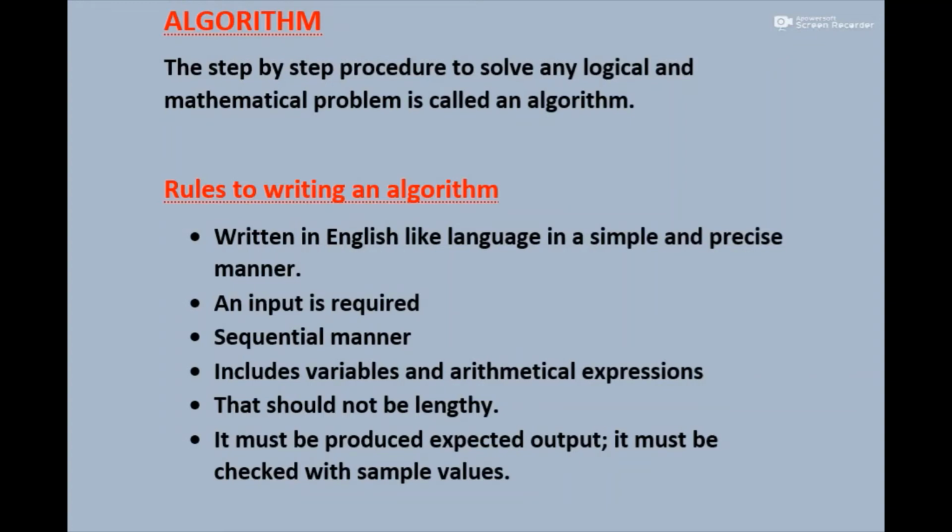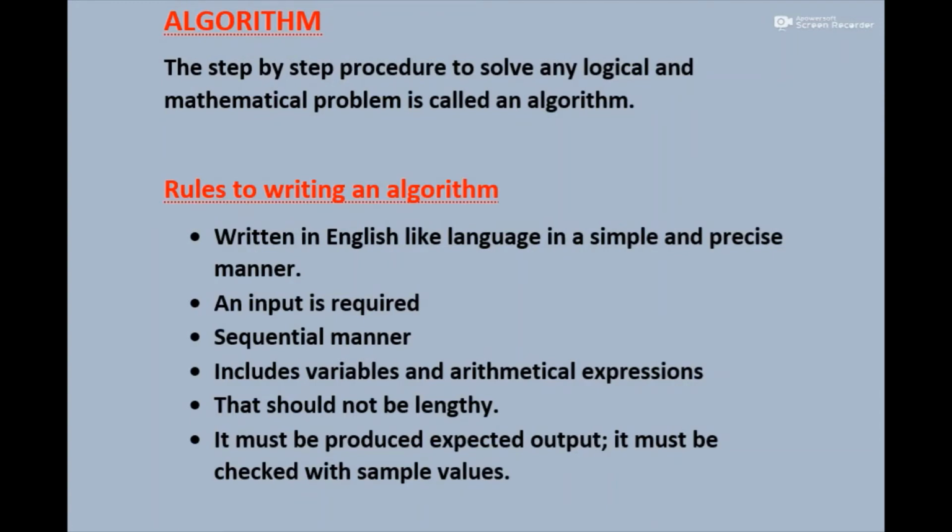Next rule is one can include variables and define mathematical expressions to calculate the result. Whenever we solve any problem, we have to define the variables and mathematical expressions which are used for calculation purposes.